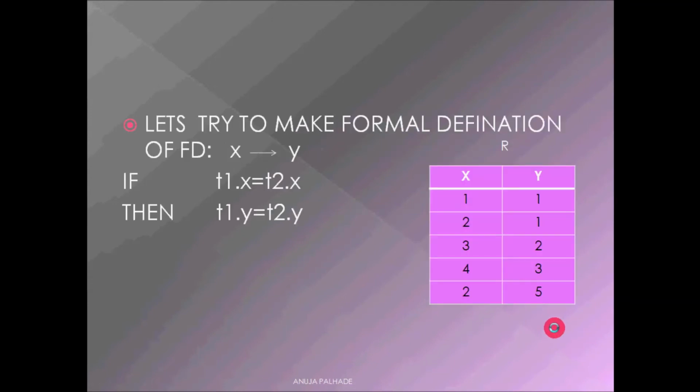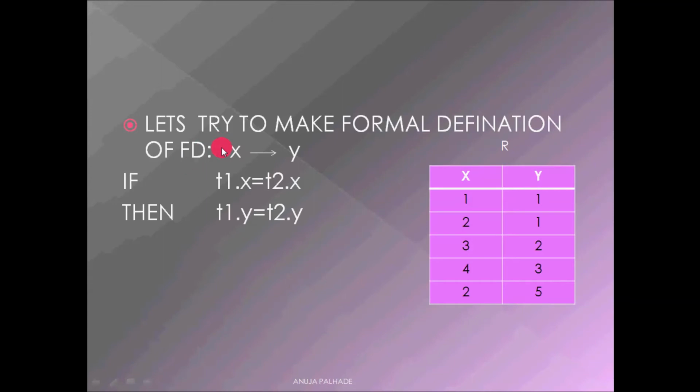Okay. So till now I have not told you the definition of functional dependency. Let's try to make the formal definition of functional dependency. The definition should be like this.